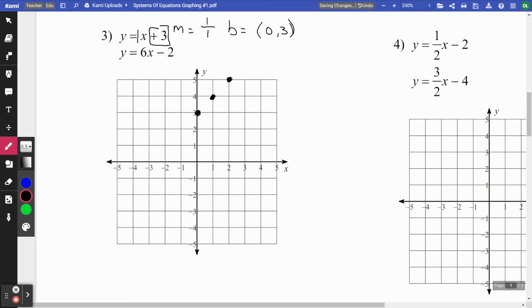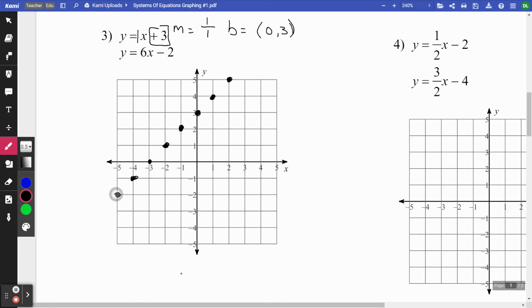I ran out of room, so what do I do? I go back to the beginning, and I then do the opposite. Instead of going up 1 and to the right 1, I now go down 1 and to the left 1. Because as you can see, with this fourth dot, I'm continuing the line. I'm just continuing this line, drawing these dots until I'm done with the graph.